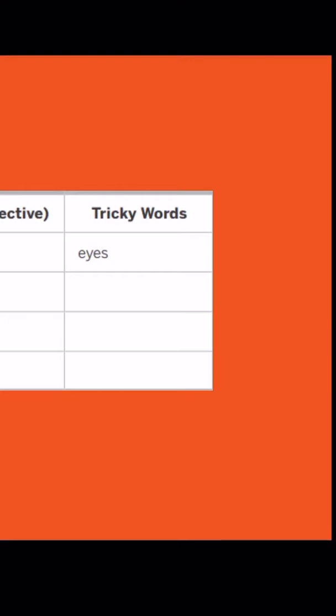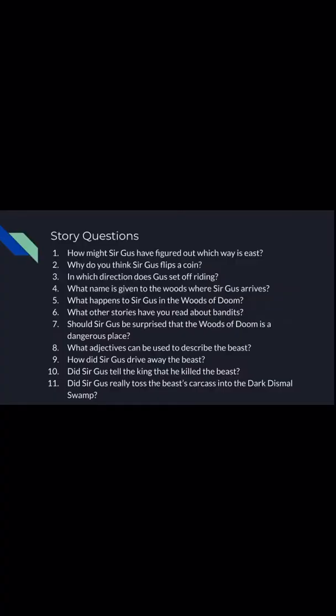Okay, that EY is super tricky because it makes the I sound. They work together and make the I sound. Do we all see it? Eyes. Okay, let's move on.